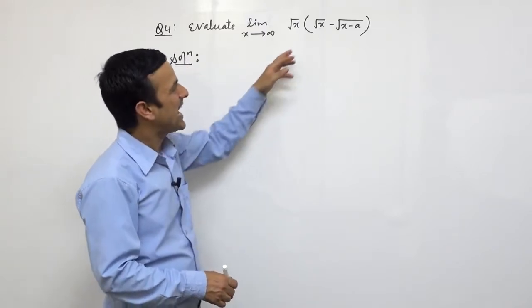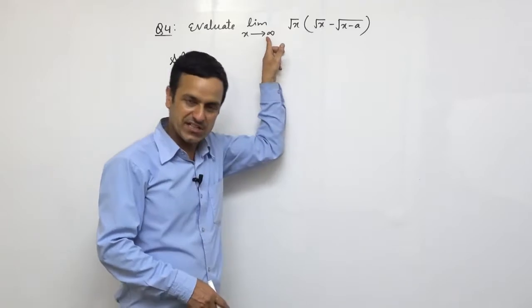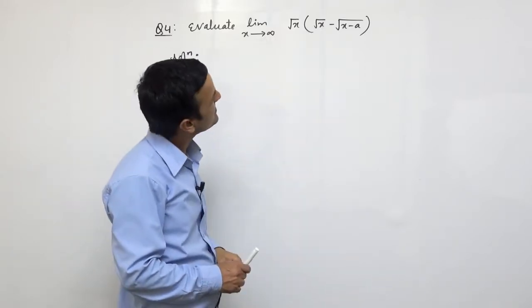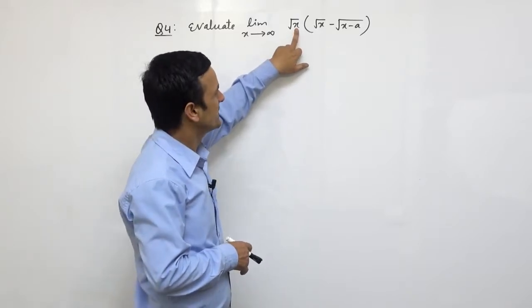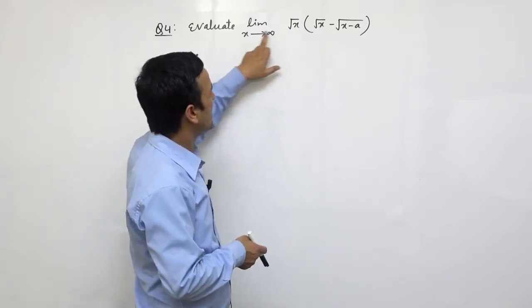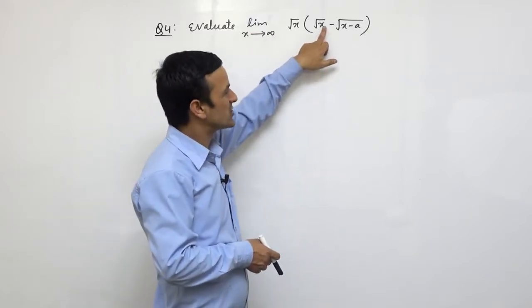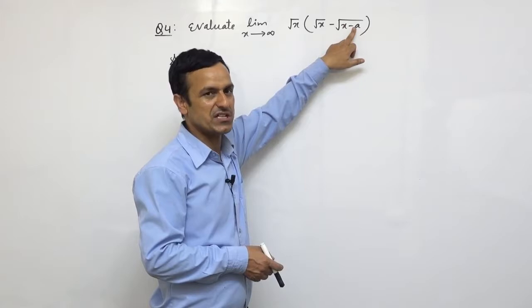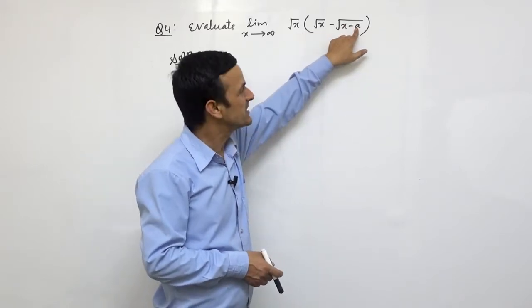Again, we can see that when x is replaced by infinity, then what will we get? Now let's consider. Substituting x by this symbol, this becomes infinity, and this is also infinity. So as a whole, we get infinity minus infinity.